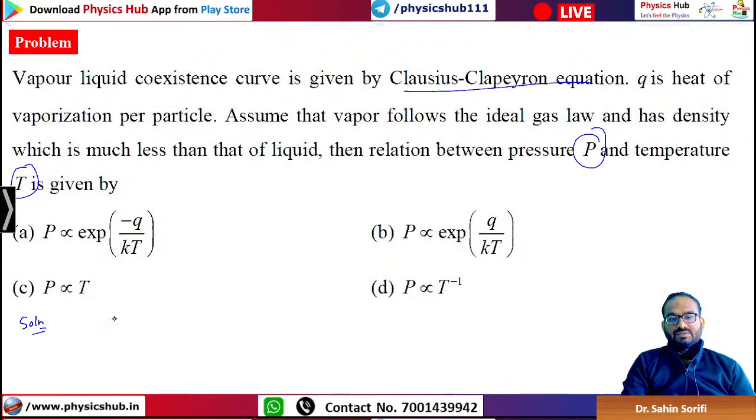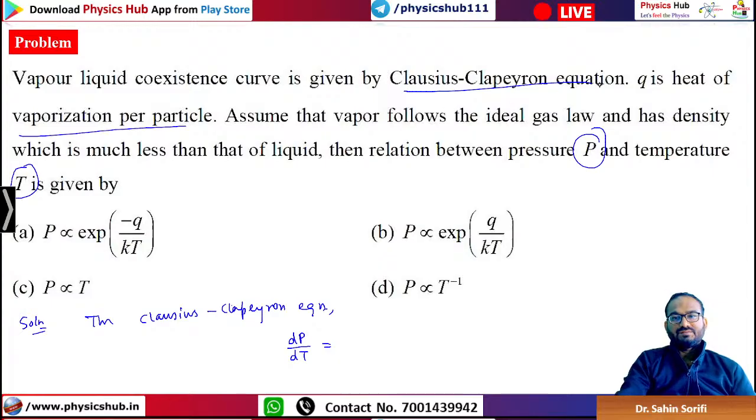So let's start with the Clausius-Clapeyron equation. dP upon dT is equal to Q, the heat of vaporization per particle, really latent heat of vaporization, so Q by T times the volume of vapor minus the volume of liquid.